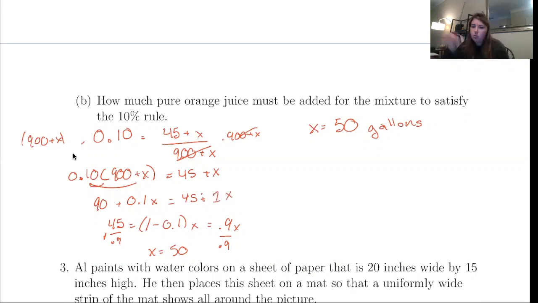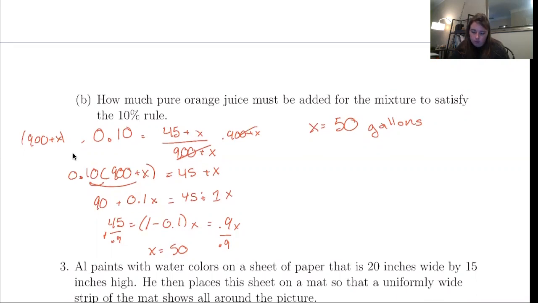I was just kind of saying that there's a 1 in front of x. Did that answer your question, CJ? Yeah, I just put a 1 in front of x just so you would see that it's going to be 1 minus 0.1.